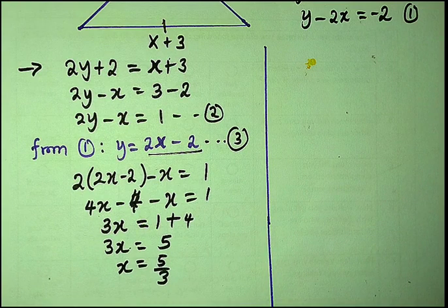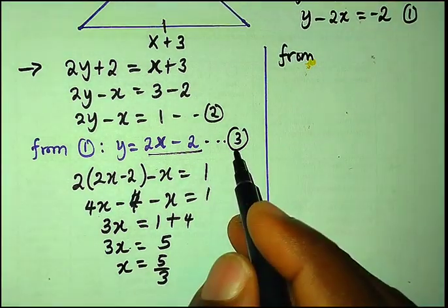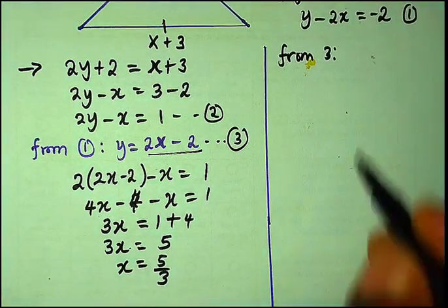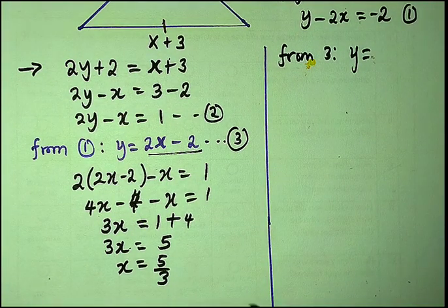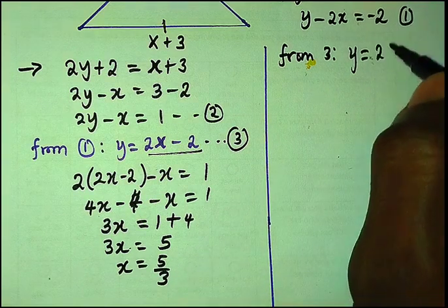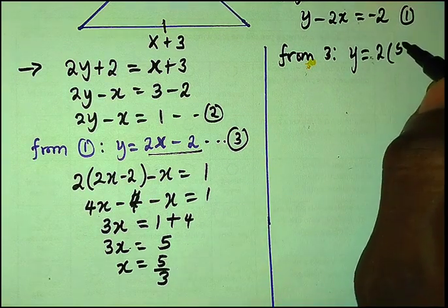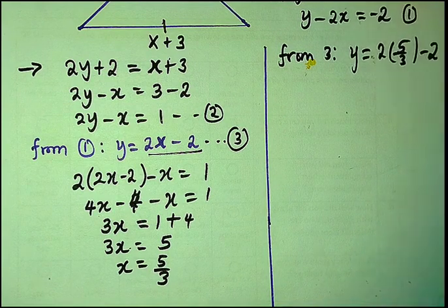So now from there, since x is 5 over 3, from this place, we are going to have y equals, anywhere we see x, we put 5 over 3. So we are going to have 2 into bracket 5 over 3, then minus 2.